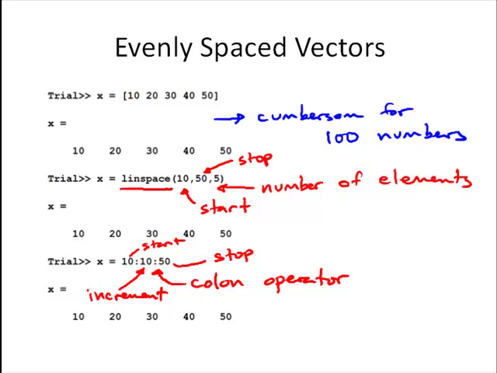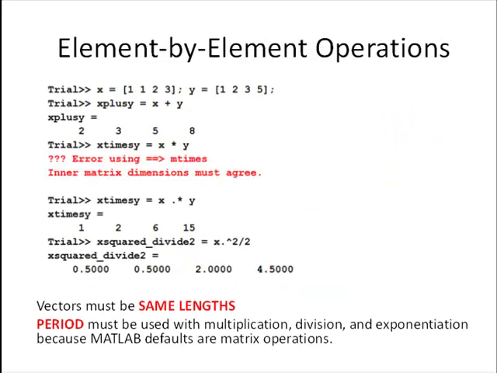So once we've created vectors, now that we know how to create vectors, let's look at how they work in mathematical operations. We're going to focus now on element by element operations. In other words, when we do some math, we want it to work element by element. So as an example here, here's two vectors x and y, and let's say we want to calculate x plus y.